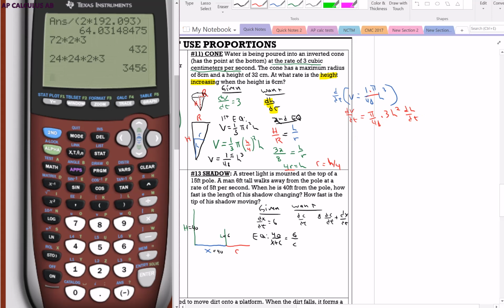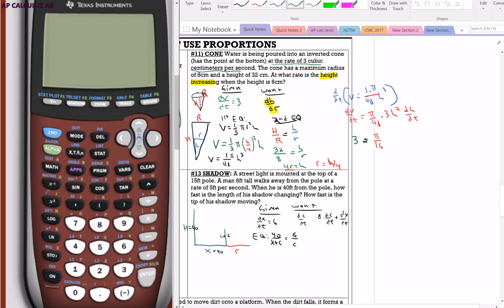And then we can plug in the things we know. We know dV dt is 3. This is just a constant, 3 pi over 48, which we can simplify. 3 pi over 48 is the same as pi over 16 times h squared.